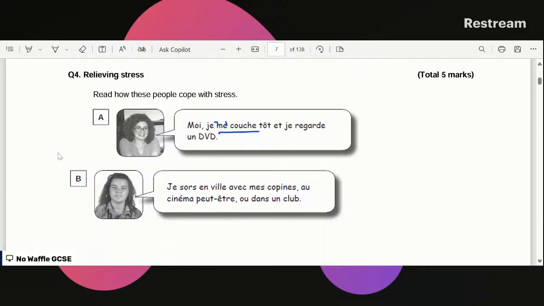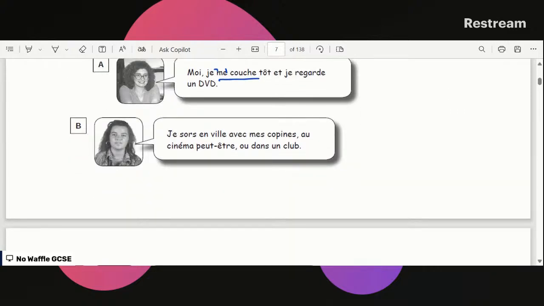Je sors en ville avec mes copines au cinéma peut-être ou dans un club. So I go out to town with my friends, female friends here, copines. If it was copains, it would be masculine. And au cinéma peut-être. Peut-être means perhaps.